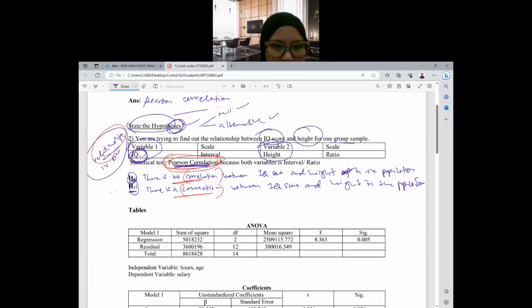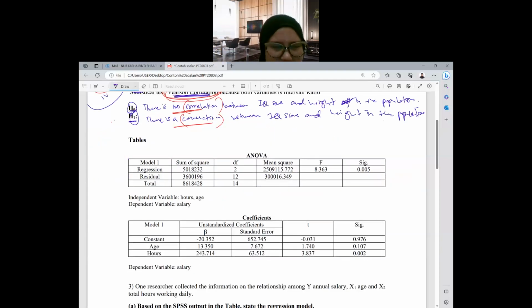Next, the next question is given with tables. Tables from what, for what? The ANOVA table and also the coefficient table. Both of these tables are obtained from SPSS analysis. This is not from my data.